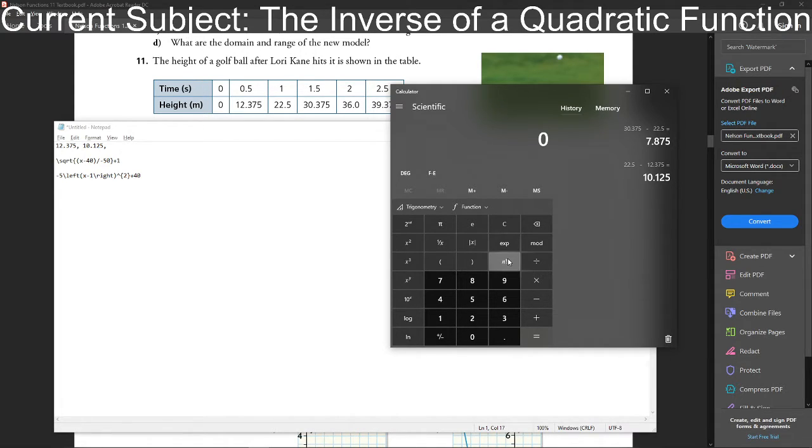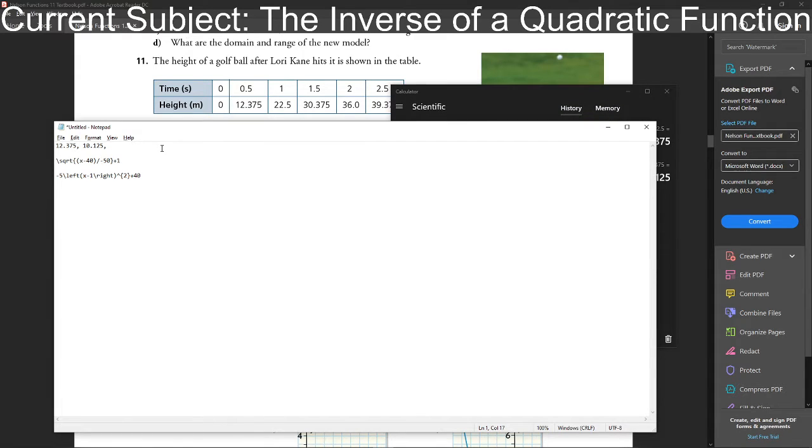That doesn't look right. Oh wait, yeah, it does. Whoops. 7.875. And then that's gonna be mental maths.